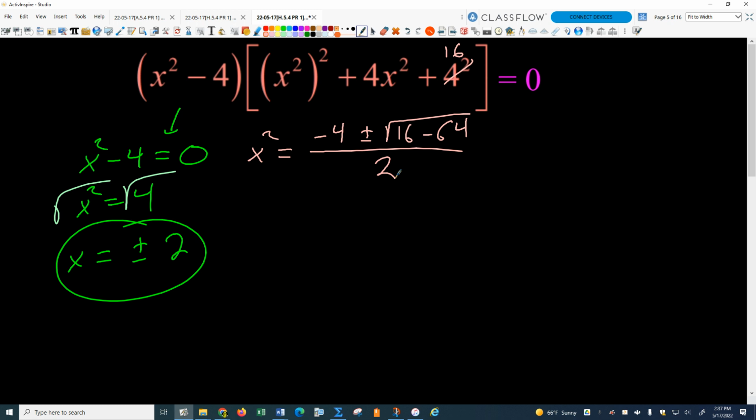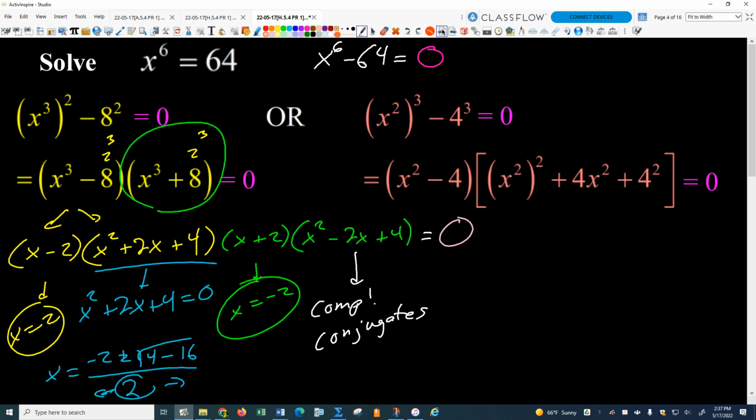Okay, now look, we're going to have big problems here because I've got x squared equals negative 2 plus or minus the square root of negative 48, over 2. I'm going to have x squared equaling expressions with i's in them. How am I going to do that? I'm going to have to end up square rooting numbers with i's in them. That is way above and beyond the level of an Algebra 2 class, right? So could we all agree we're going to stop, right? This is a bad idea.